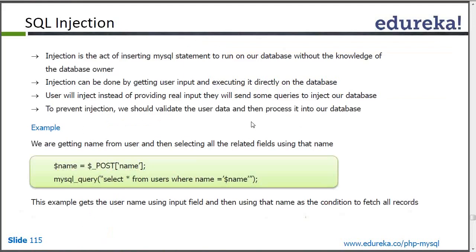So these are some of the unexpected things a user can do if we leave any kind of loophole in our application. Now I will show you how we deal with SQL injection.